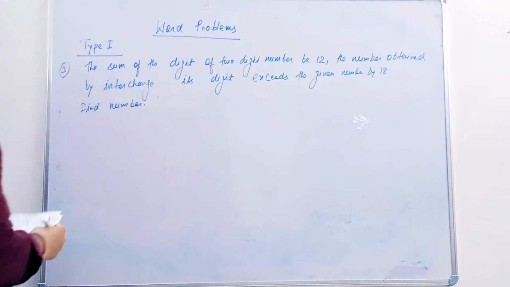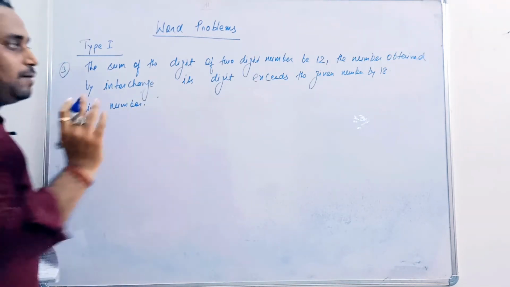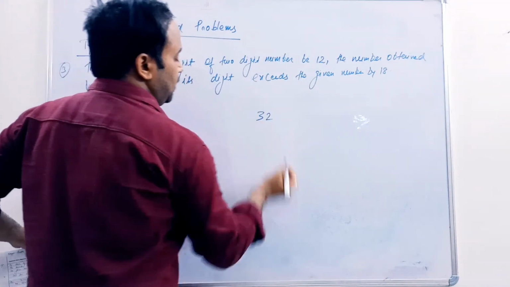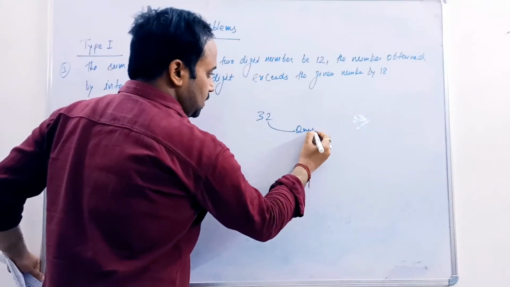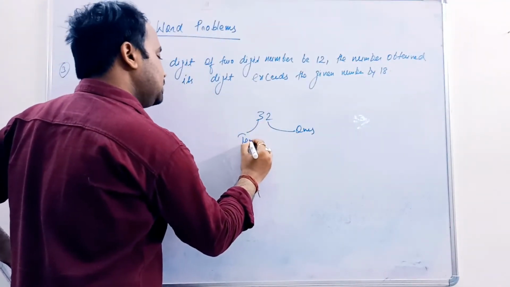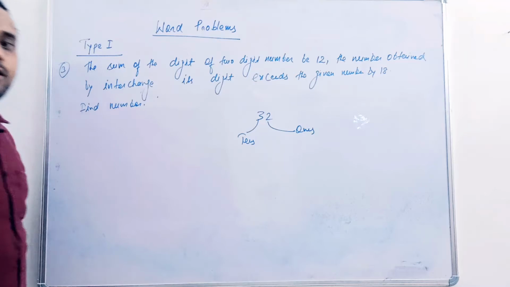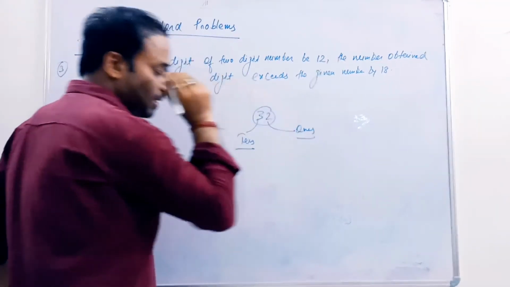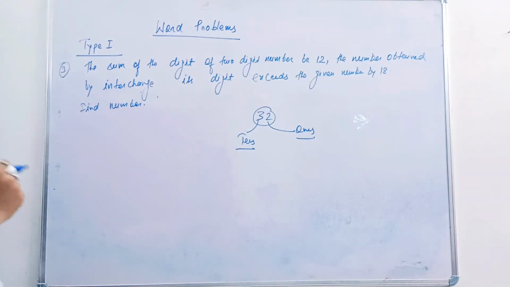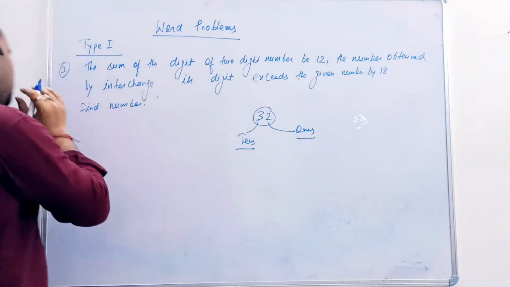Then find the number. See, what does two-digit number mean? Suppose I write 32. In 32, the ones place is 2 and the tens place is 3. Any two-digit number is formed by tens and ones digits. Clear? Now these things we have to use here.